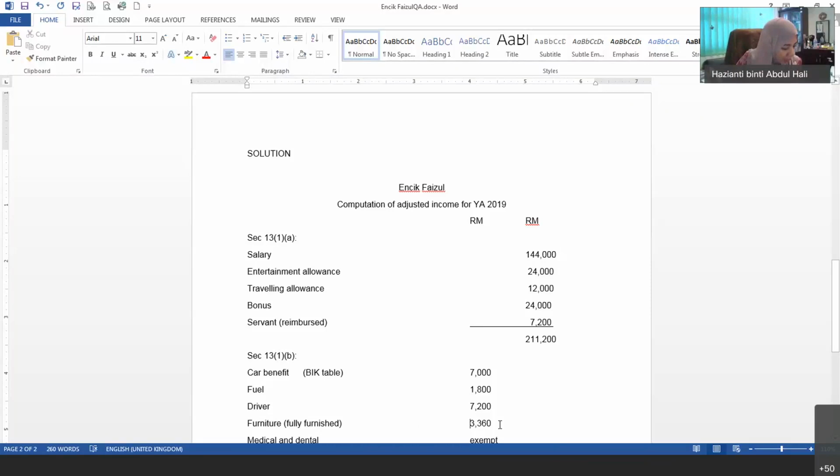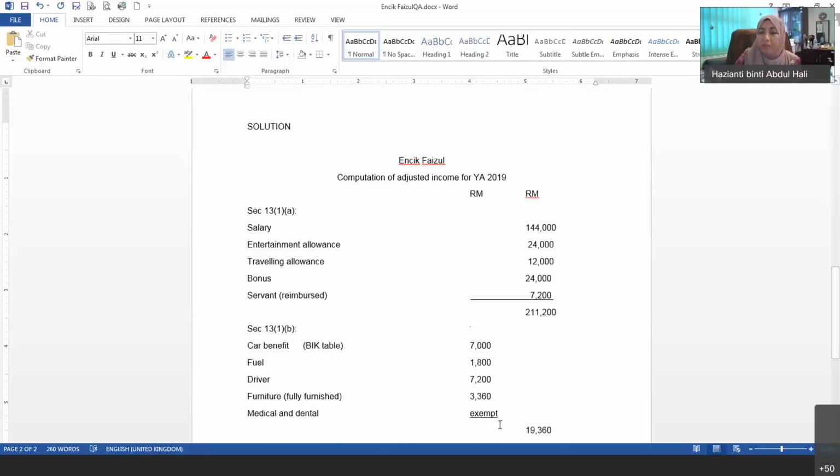Free medical and dental benefit for Encik Fazul and his immediate family amounting to 2,800. Remember, medical and dental exempted, regardless of the amount. All right. So medical and dental exempt. So in your calculation, please also include whatever exemption the employee gets from the employer, but you have to put the word exempt here or just a dash, okay?